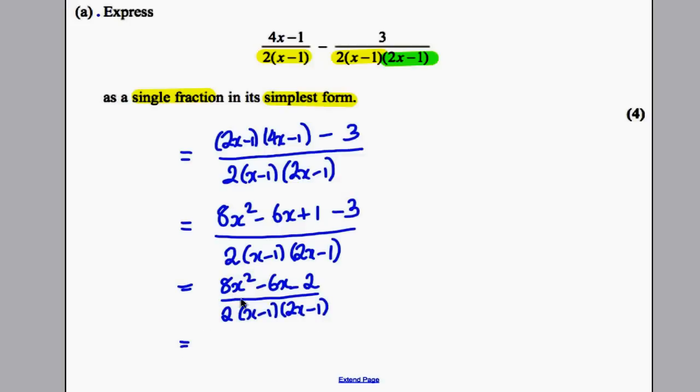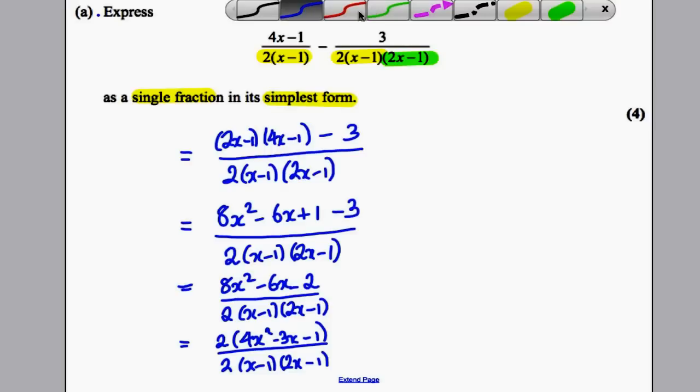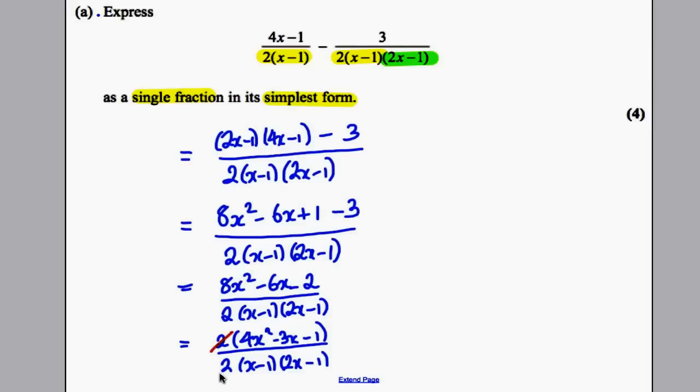You could try and factorise the top and bottom. A factor of 2 comes out of the top here, and we would have 4x squared subtract 3x subtract 1, all divided by 2, x subtract 1, 2x subtract 1. At this point you would be able to cancel the factors of 2 from top and bottom.